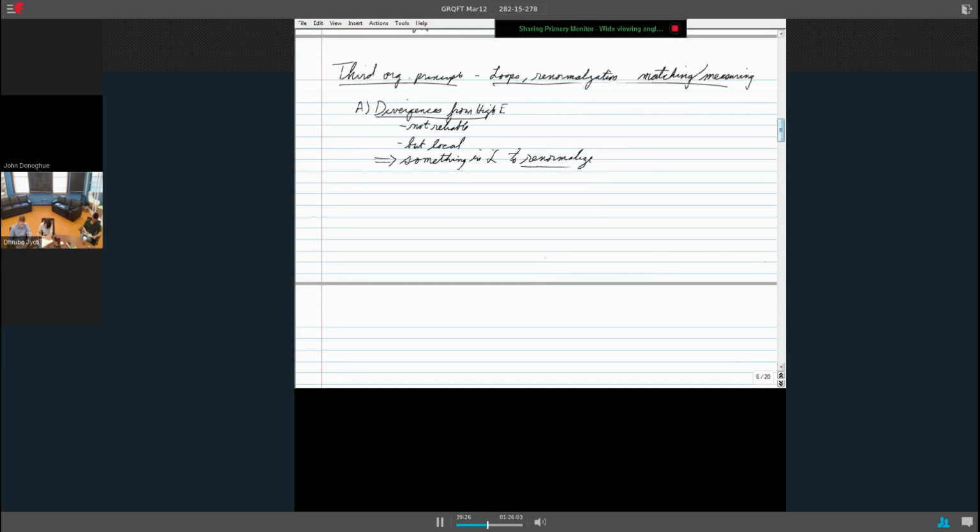So even the QED divergences aren't reliable. So in some sense, we don't really care about them, but we do care that they're local. And so then if they're local, we can write out Lagrangians, and there's something there to renormalize.